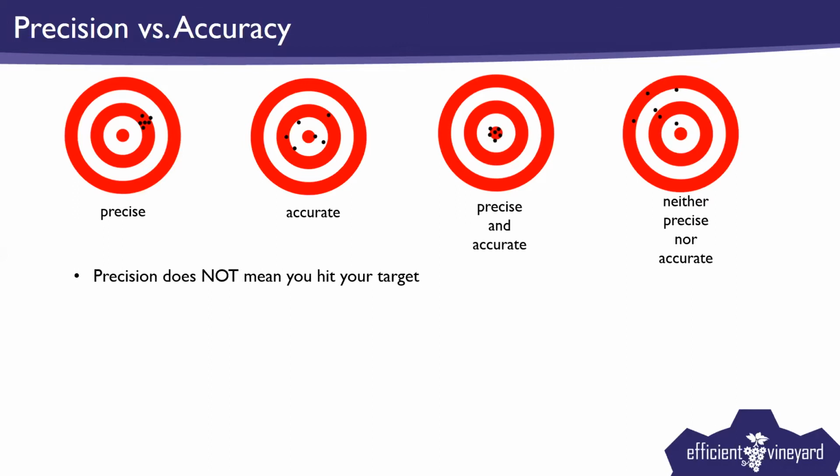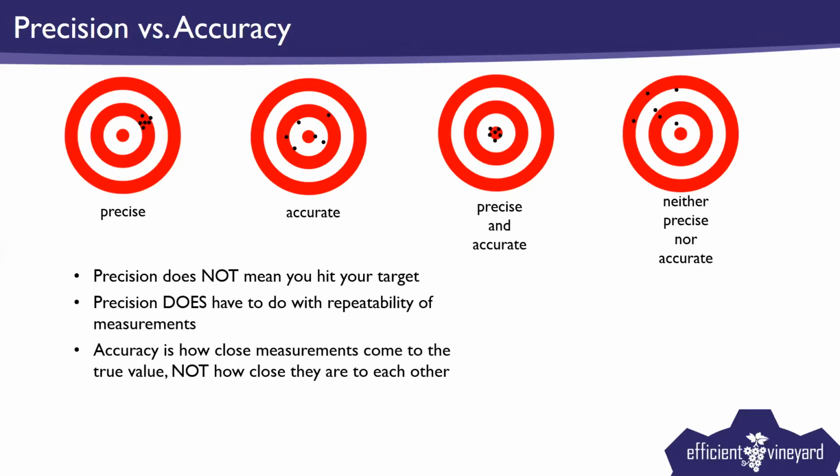It just means you can repeat your measurements. Accuracy is how close the measurements come to the true value, not how close they are to each other, which is also important. And we're going to take a whole webinar to talk about just global positioning using satellites, which is a real crux of our research here. So in precision viticulture, precision and accuracy are both important.